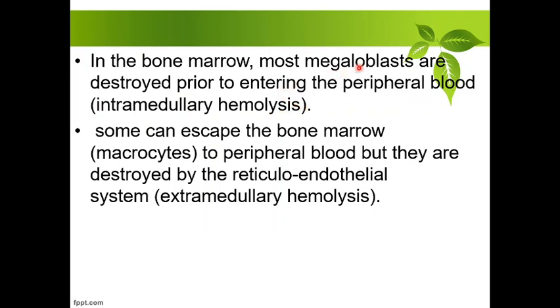Some megaloblasts or macrocytes escape the bone marrow. Some are destroyed, and some escape the bone marrow and go to the peripheral blood, and there they are destroyed by the reticuloendothelial system.